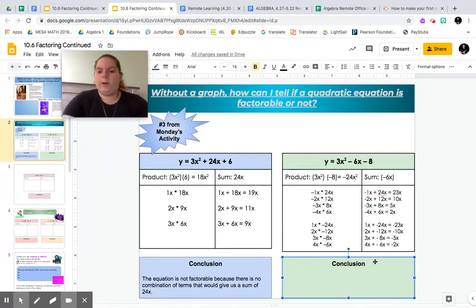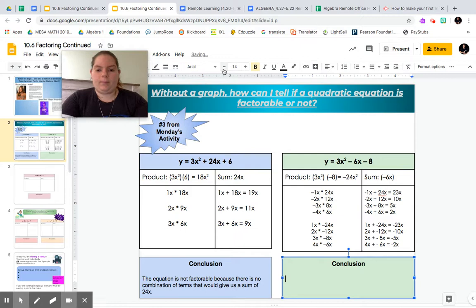Okay, guys, here we go. I got all of my sums for both sets of factors. And unfortunately, once again, I don't see 6x listed. It is completely possible that I did my math wrong, but if your tables match mine, then I just don't think it's there. So our conclusion: the equation is not factorable.